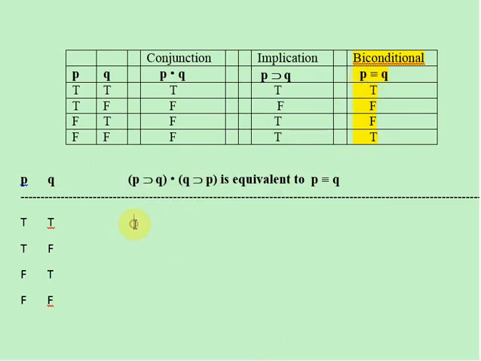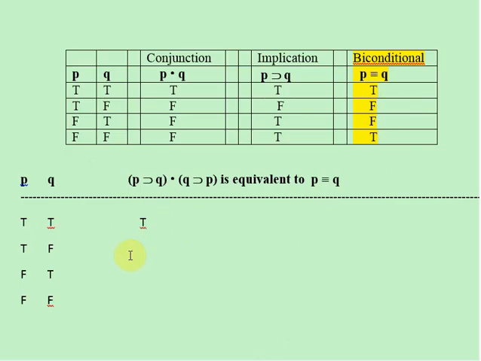Okay, so let's start with the first row, and this is the case in which both P and Q are true. Let me compute the values on the left conjunct first and then do the right conjunct. So if P is true and Q is true, then the whole thing is true, right? So let's put T there.